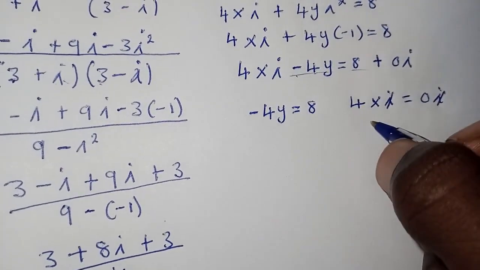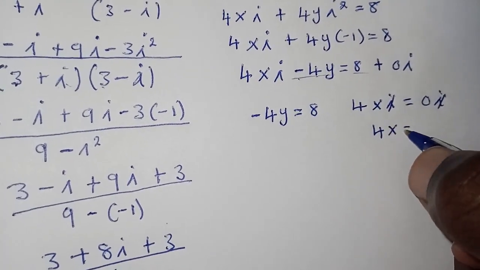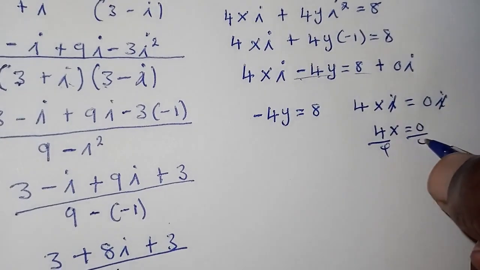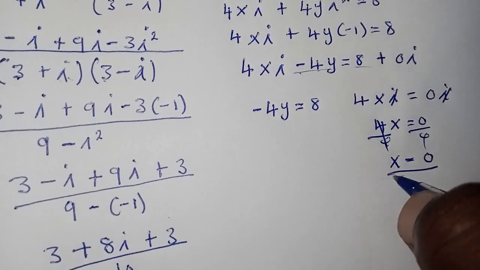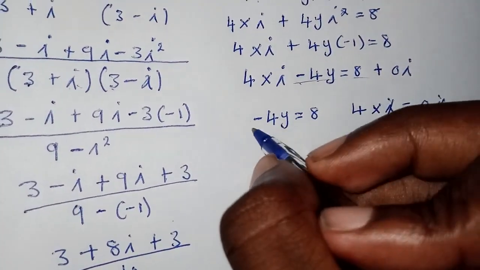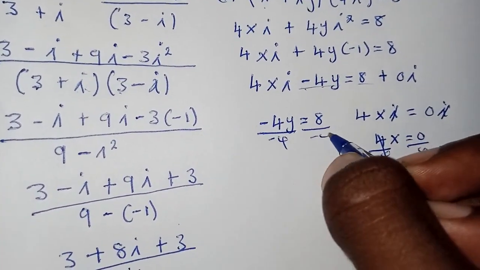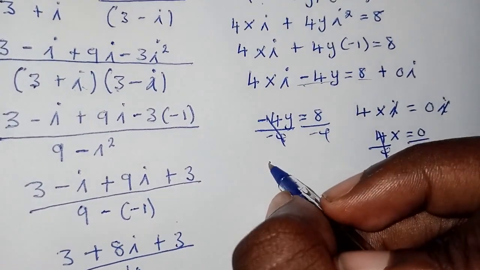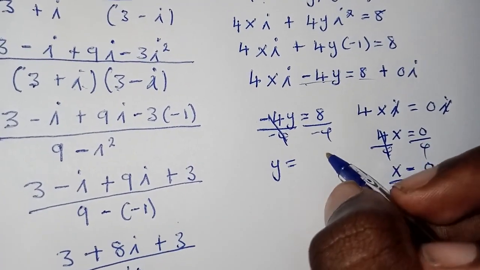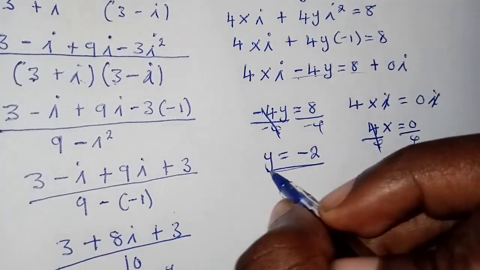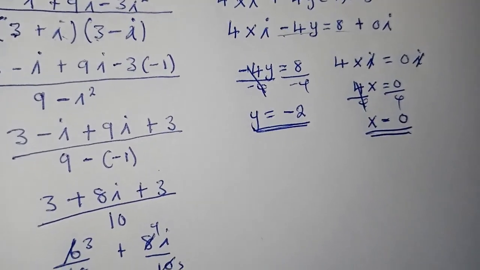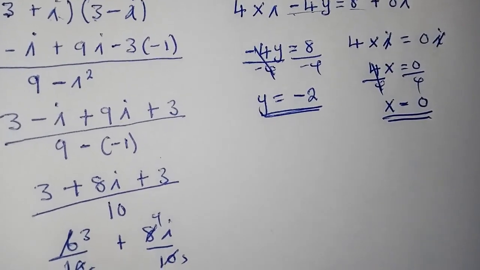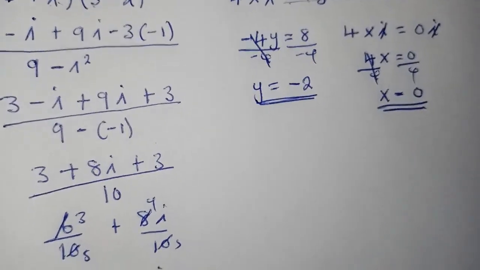The i's cancel, we have 4x equal to 0, over 4 over 4, and finally we get 0 as our answer for x. Here we have negative 4 over negative 4, and finally we get y to be negative 2. This is just how we solve this particular question. It's very simple.